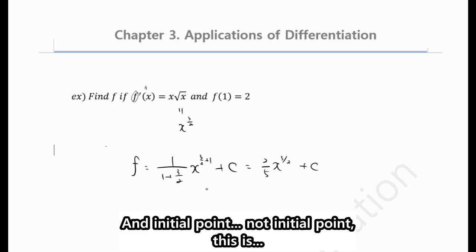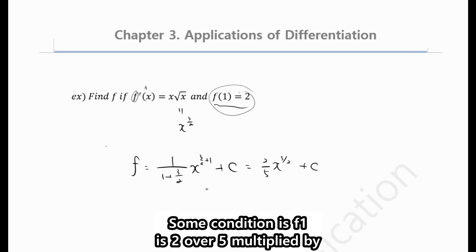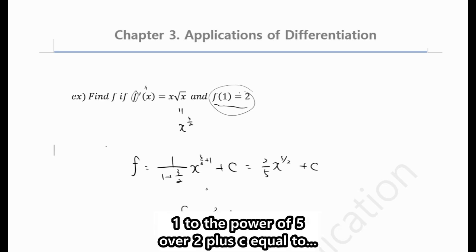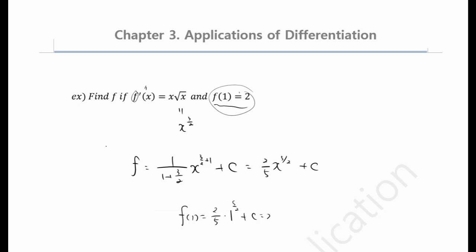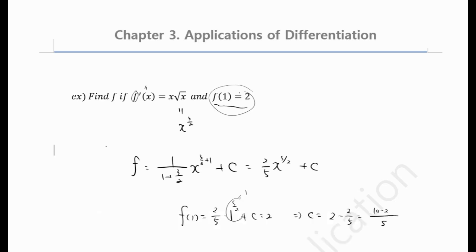And the initial point, not initial point, this is some condition: f(1) is 2 over 5 multiply 1 to the power of 5 over 2 plus c equal to 2 over 5. So this is 1, and c is 2 minus 2 over 5, which is 10 over 5 minus 2 over 5.